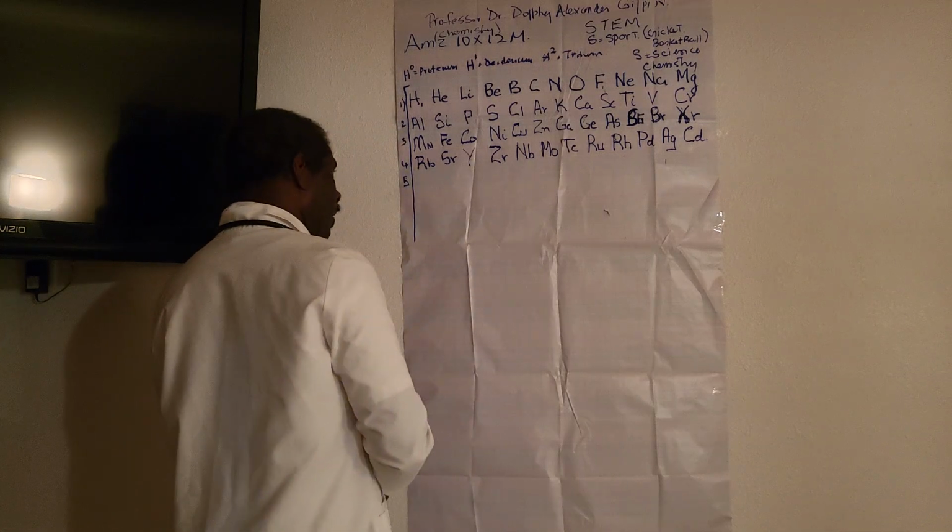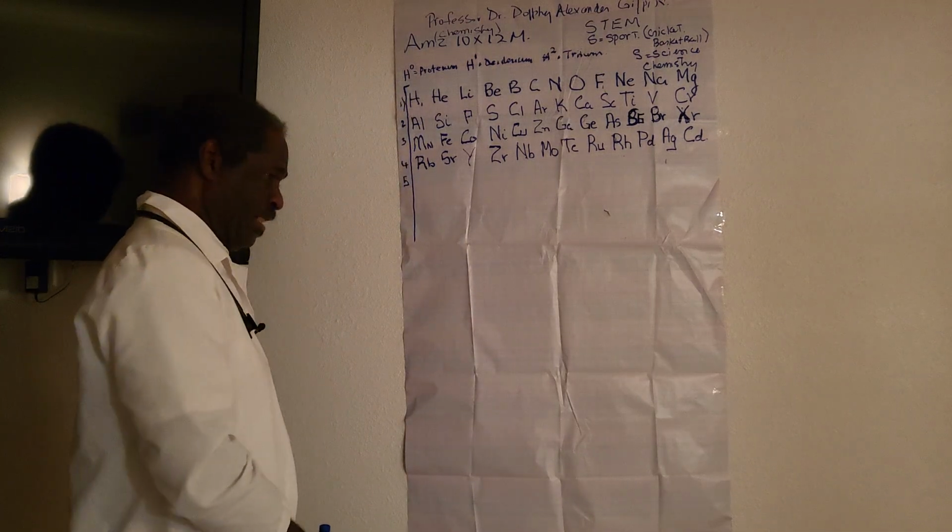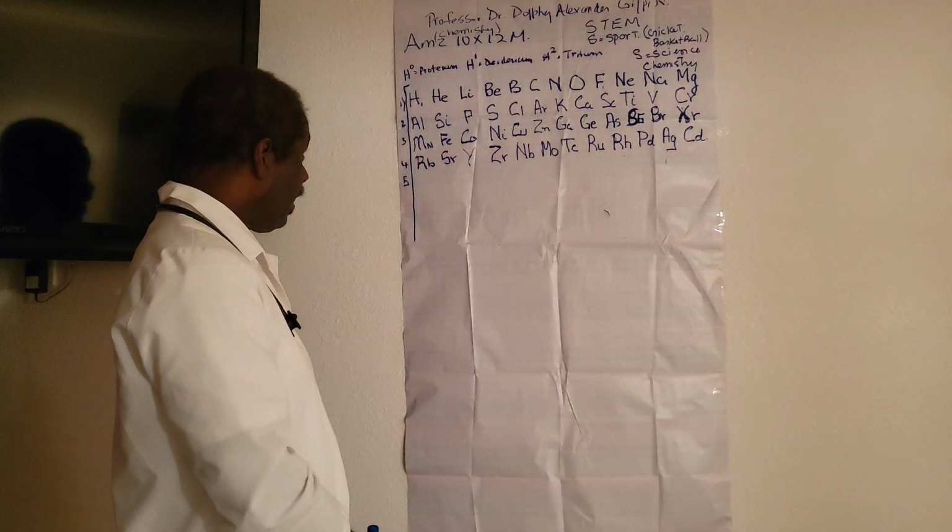We're generating now the Amz10x12 matrix, a specialized chemistry matrix, a relative of the periodic table.